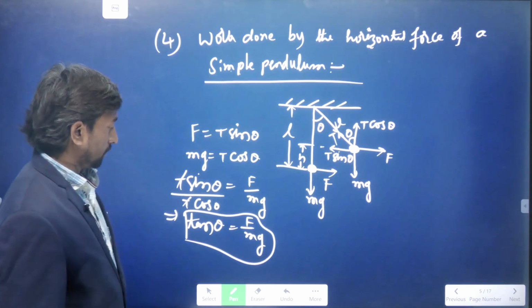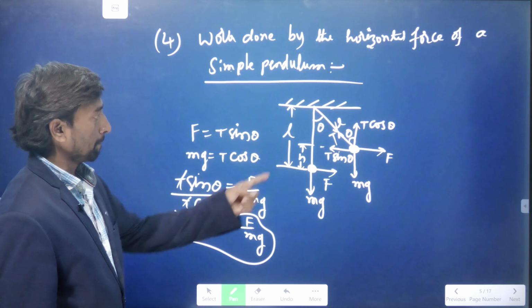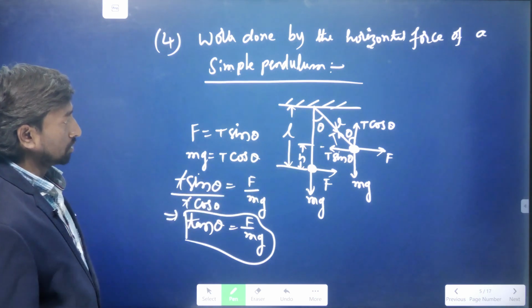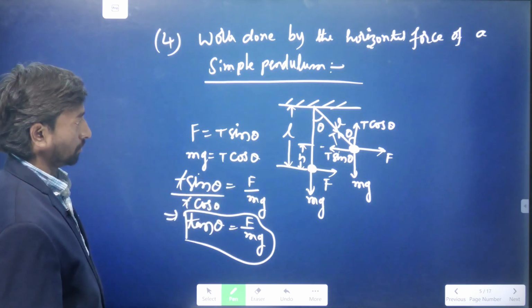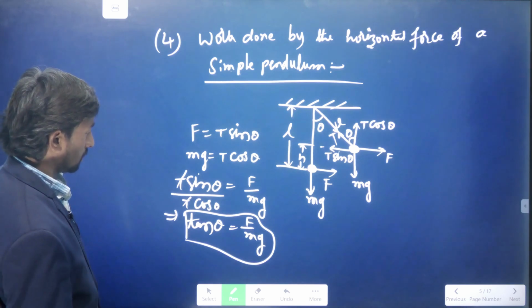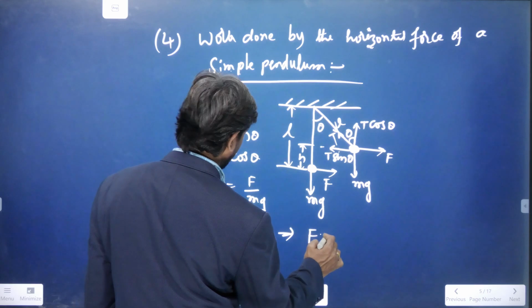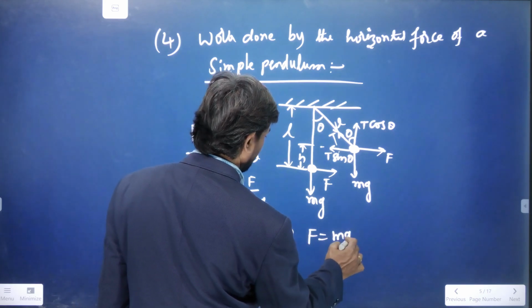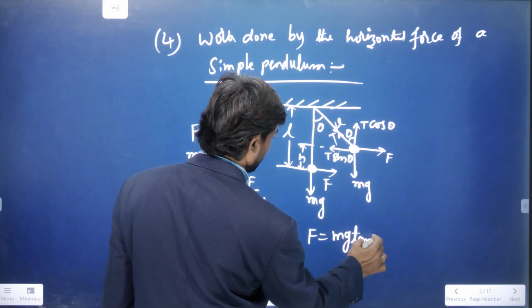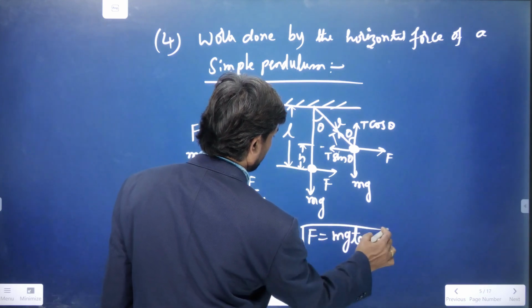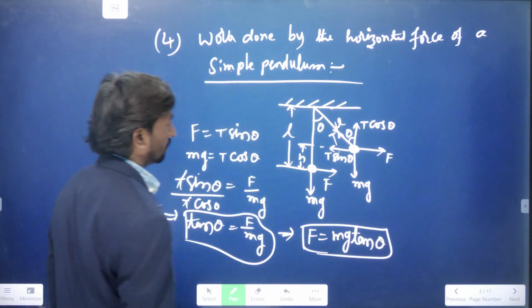Here we are going to see the work done by this horizontal force. So simply the force can be written as mg into tan theta, so W is equal to mg tan theta. So work done we have got now.